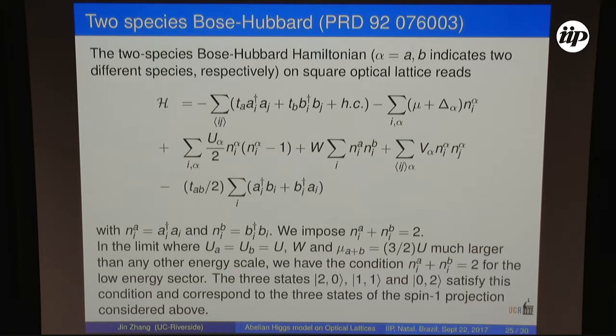If we tune these parameters like this, this parameter is much larger than the other energy scales. We find that this model will stay in the lowest energy sector, where NA plus NB equals 2. So these three states, (2,0), (1,1), (0,2), just represent the spin model of spin 1, spin 0, and negative 1.